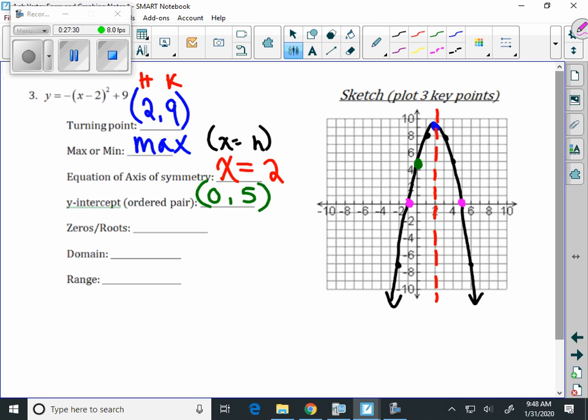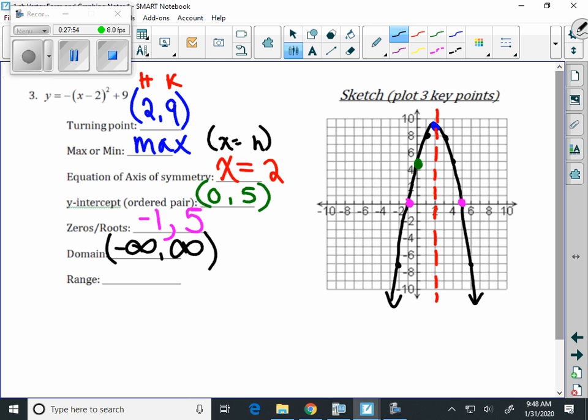Those are going to be at the pinkish purple points, and it looks like they are at -1 as well as 5. Again, don't put parentheses around there. It's not an ordered pair. Our domain of our function is the same as the previous two. It's all real numbers, -infinity to +infinity.